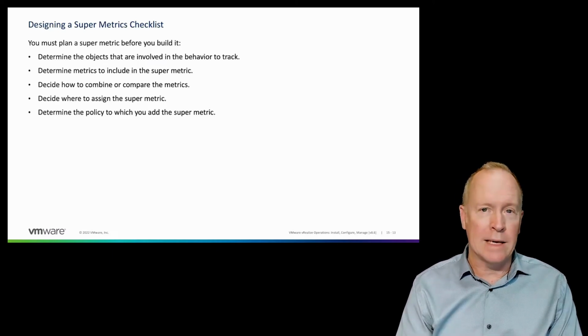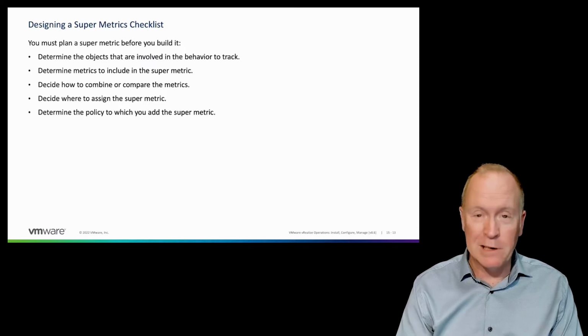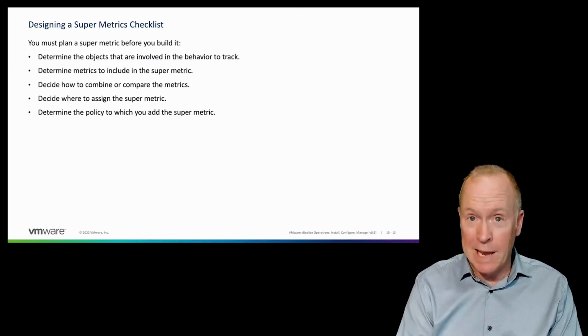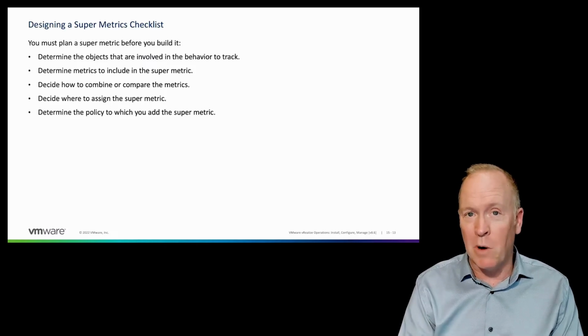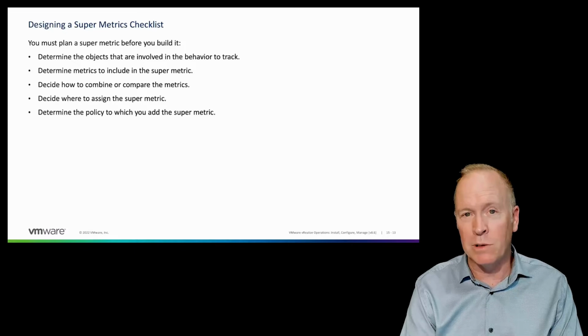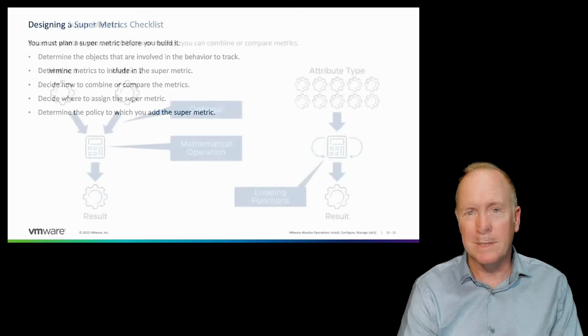The way you do that is by setting that up in the policy editor. Until you've gone into the policy editor and said, I want to enable the supermetric, vRealize Operations isn't going to do anything. So it's essential that you go into the policy editor and enable your supermetric.